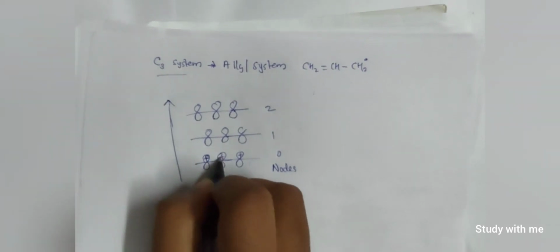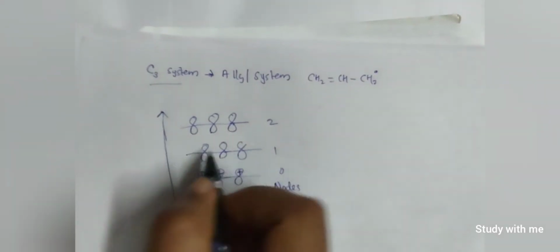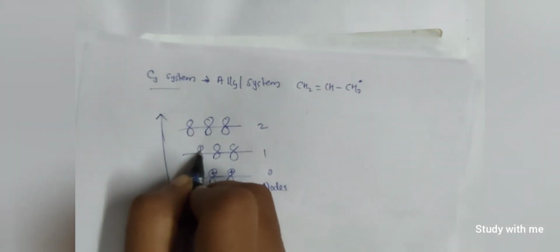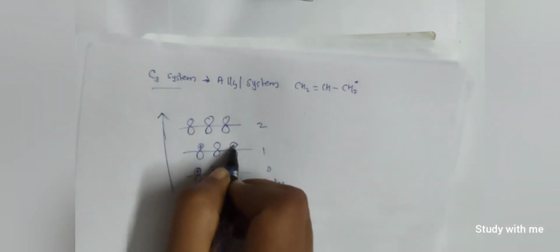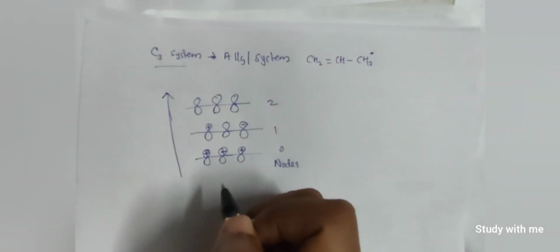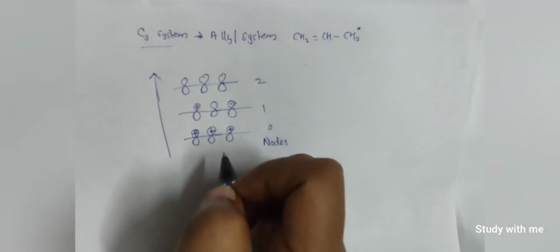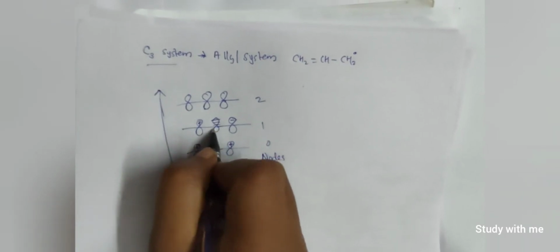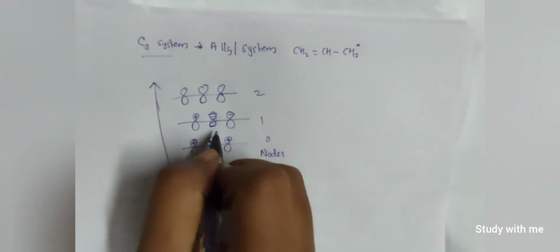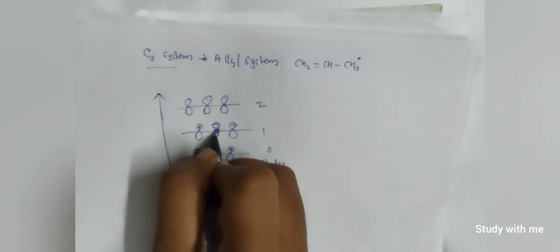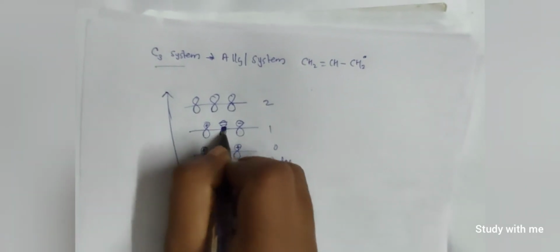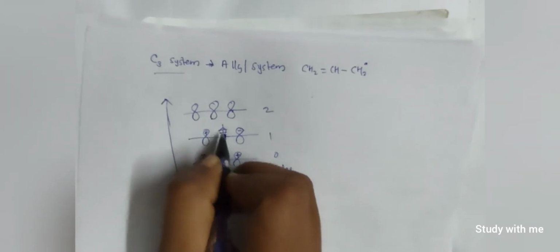So the first one will definitely have a positive sign in the upper part. So this will always be positive in all this part, and the second one will have a positive sign in the first part and a negative sign in the last one, and it has one node. So how we draw this will be different from the C4 and C6 systems. Here, this part we will not draw this bond. Instead of this bond we will draw a dot here, and this is considered as the node.